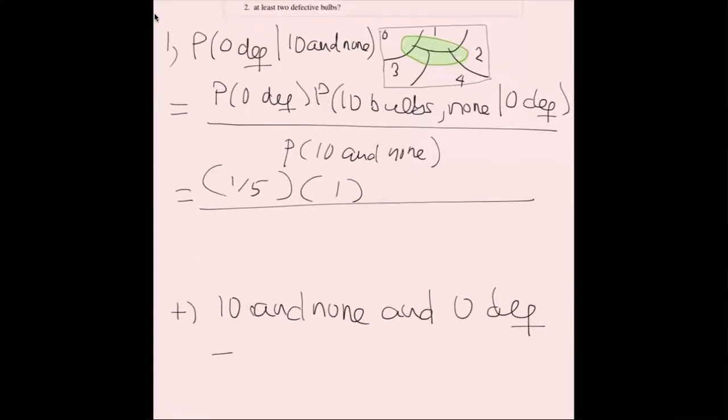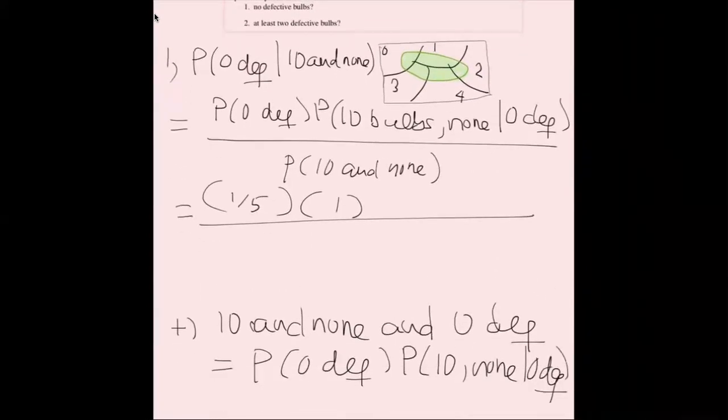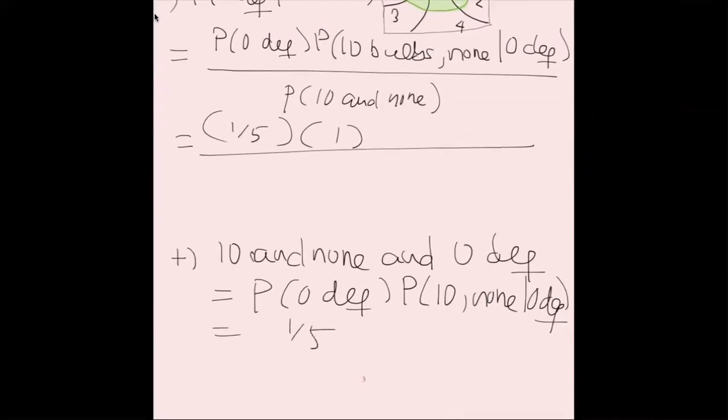Then again, using the multiplicative law, it is just the probability that the box has 0 defective items, multiplied with the probability that you get 10 items, none of them defective, given that the box has 0 defective. The first probability is 1/5, it is given. The second probability is 1 for the same reason I just explained.